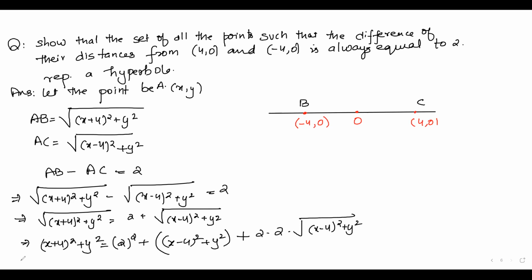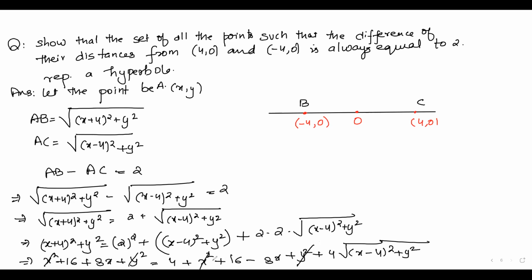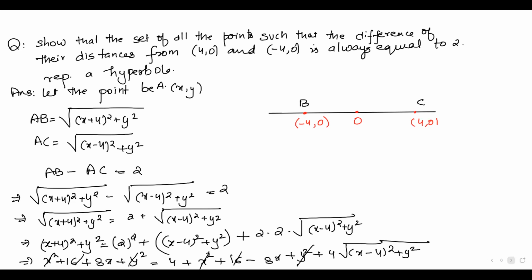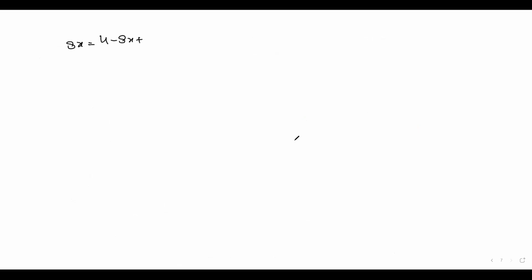Yes, sir. Okay, now we will solve this. This is x square plus 16 plus 8x plus y square, and this is equal to 4 plus x square plus 16 minus 8x plus y square plus 4 times the square root of (x minus 4) whole square plus y square.